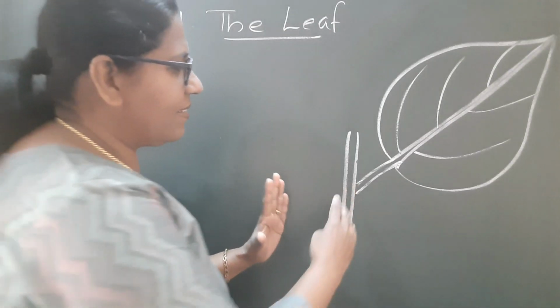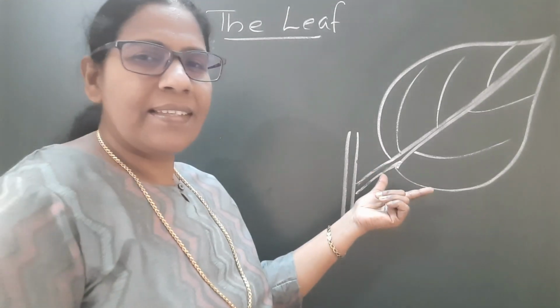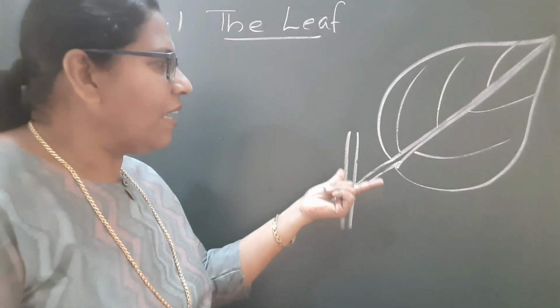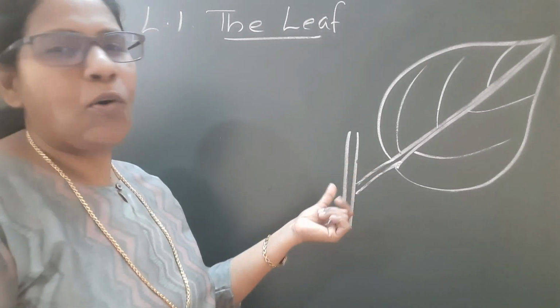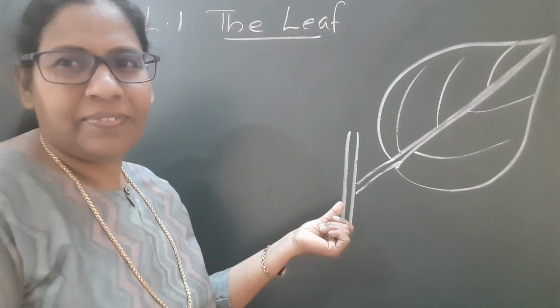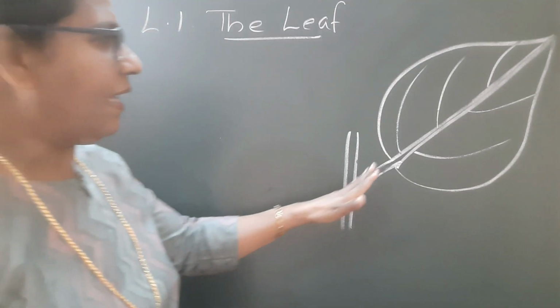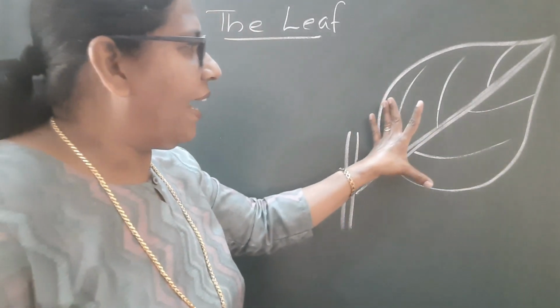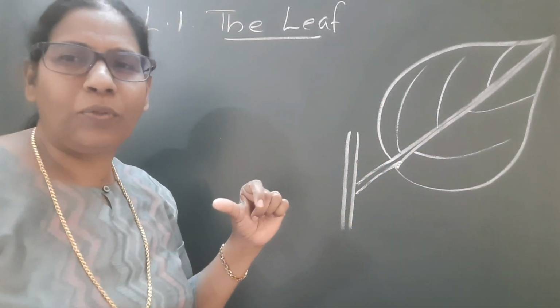And it is an outgrowth. Leaf is a lateral, flat, broad, thin, green outgrowth.